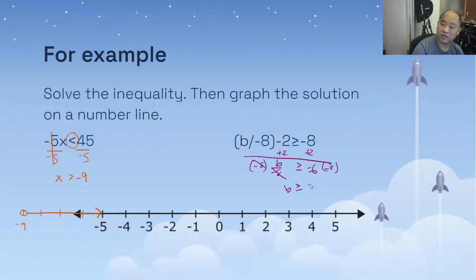Positive 48? Is that right? My math is horrible. 6 times 6 is 36. 6 times 7 is 42. 48. Yes. Oh, this is all way off the number line. Okay, so I guess 48, we'll just say is over here. 48, and then we'll just make a solid circle, and then b is bigger than it, so it continues going in this direction.